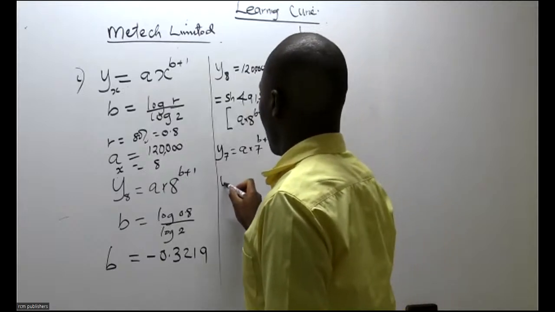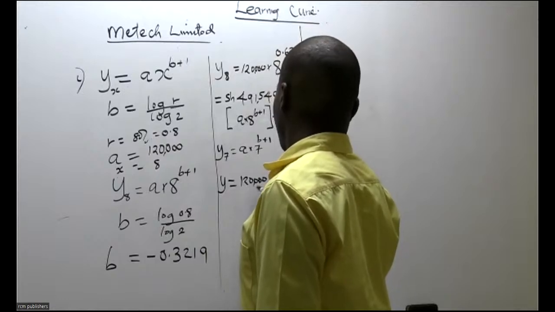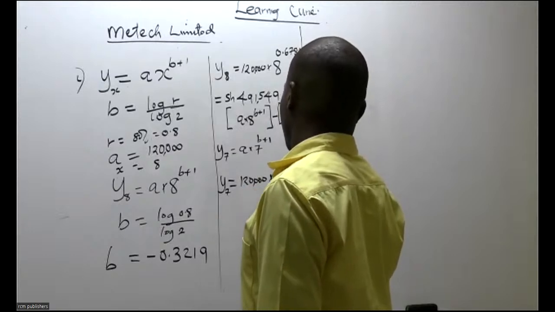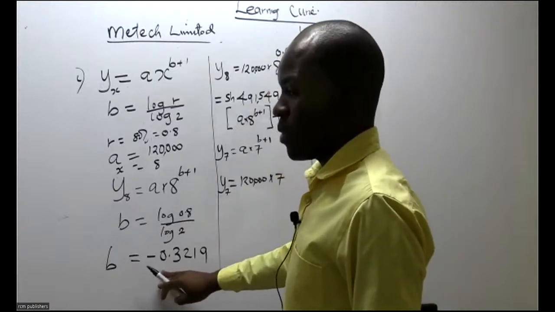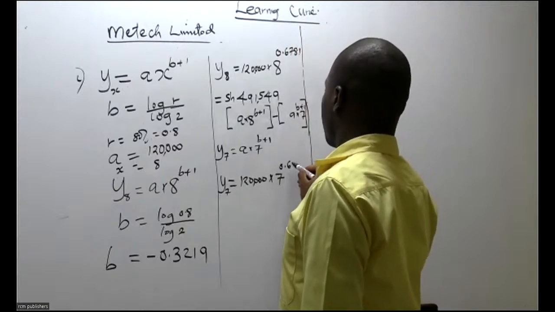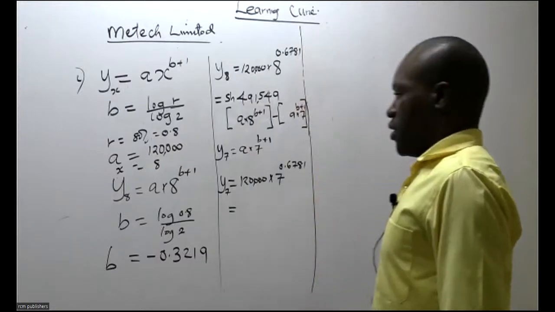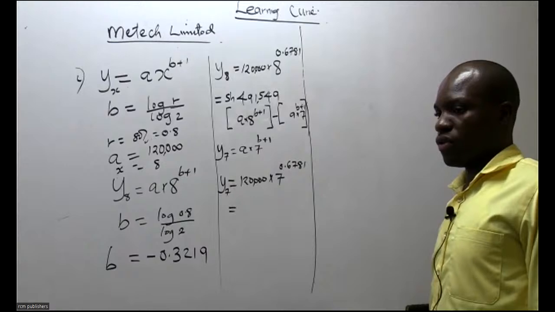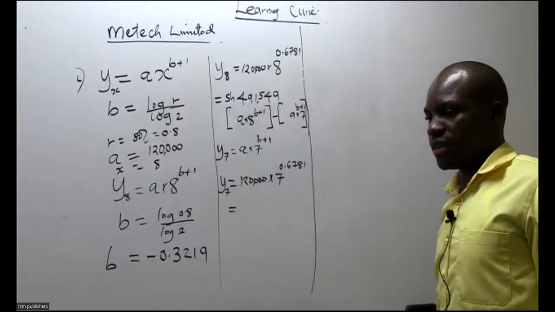Your a does not change, times x, which is now 7 raised to power b plus 1. Your b is this one here, plus 1 is giving us what is up there. So raised to power 0.6781. Then somebody should be able to give me the total for the first 7 batches.